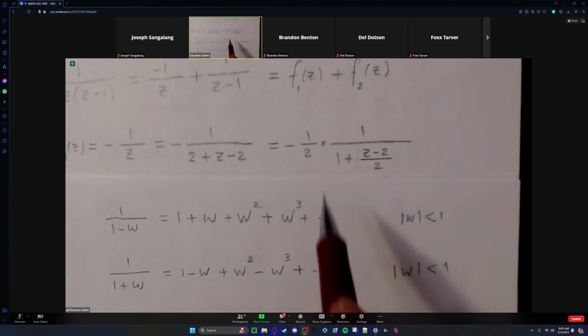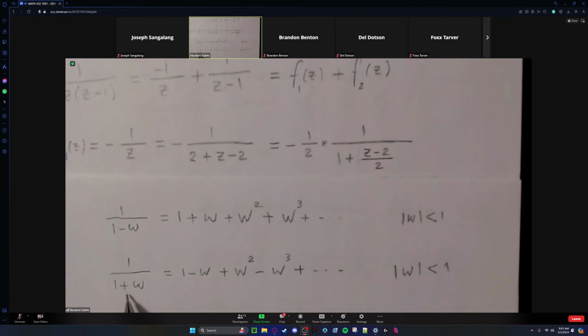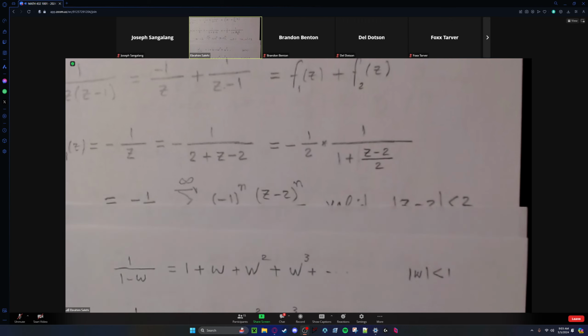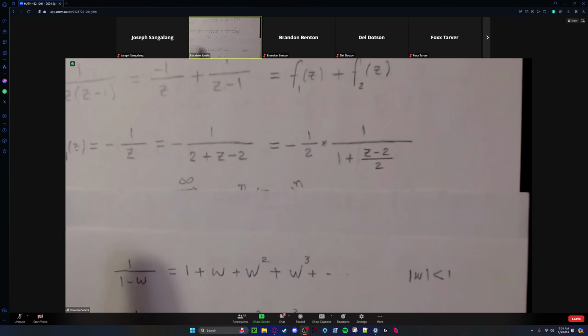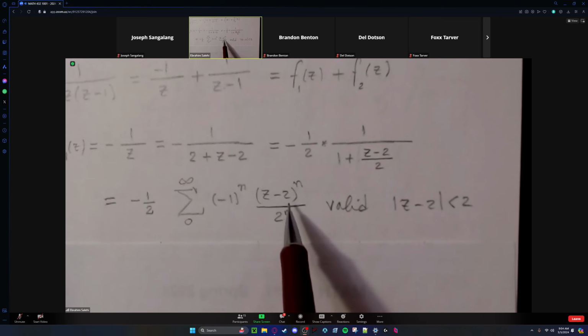So I do have this format right here. I will apply it. So it's going to be this. Okay, so f1 is written in powers of z minus 2.